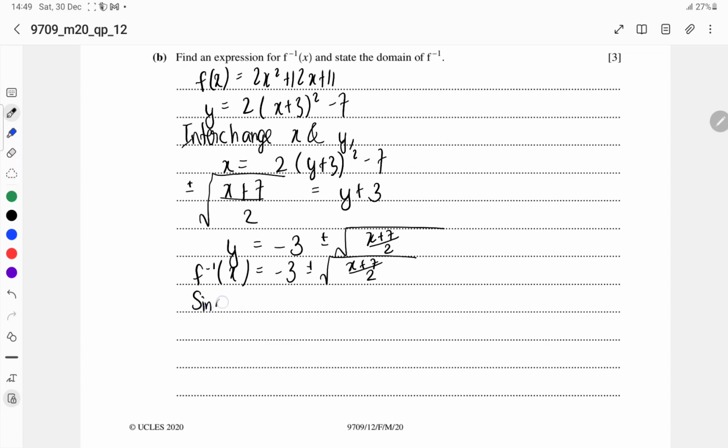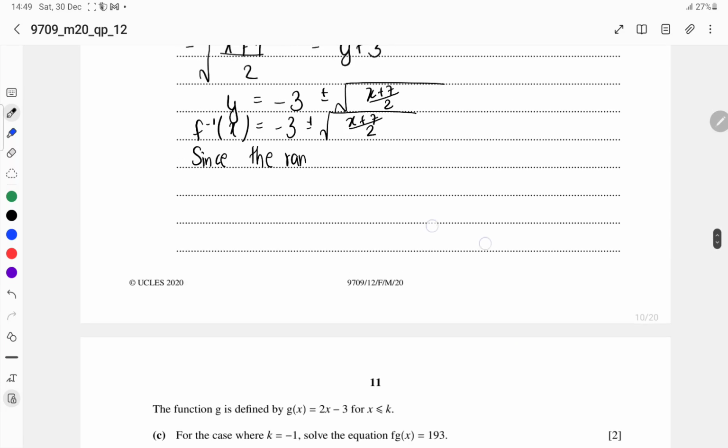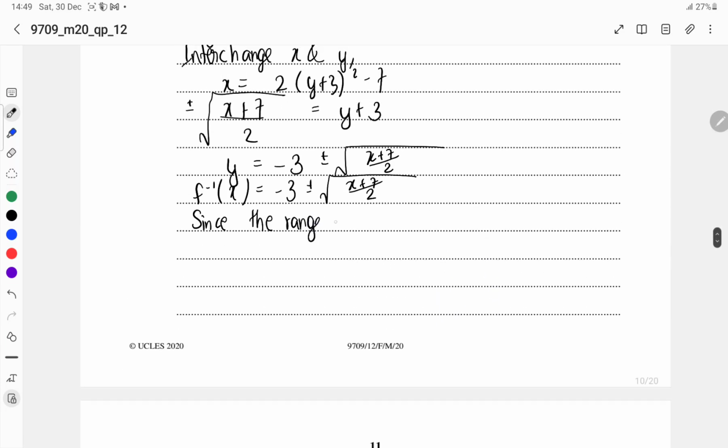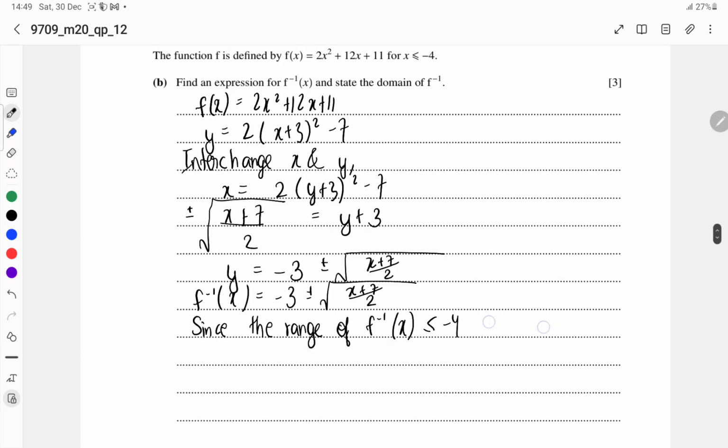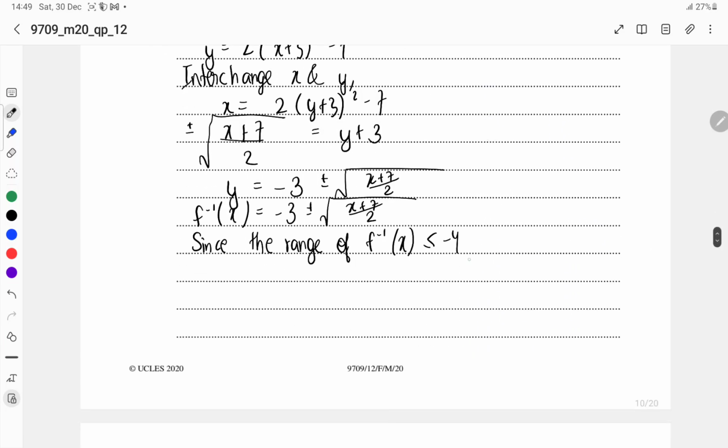Since the range of f inverse x is less than or equal to minus 4, the function f inverse of x should be equal to minus 3 minus the square root of (x plus 7) over 2.